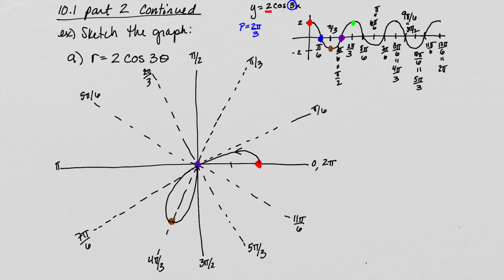So my next one at 2 pi over 3, right, I am back out at positive 2. So at 2 pi over 3, I'm going to go out 2 on that spoke. So now we're talking about sliding that way. And then, let's see, we'll do a yellow one. Here at 5 pi over 6, I'm back in at 0.